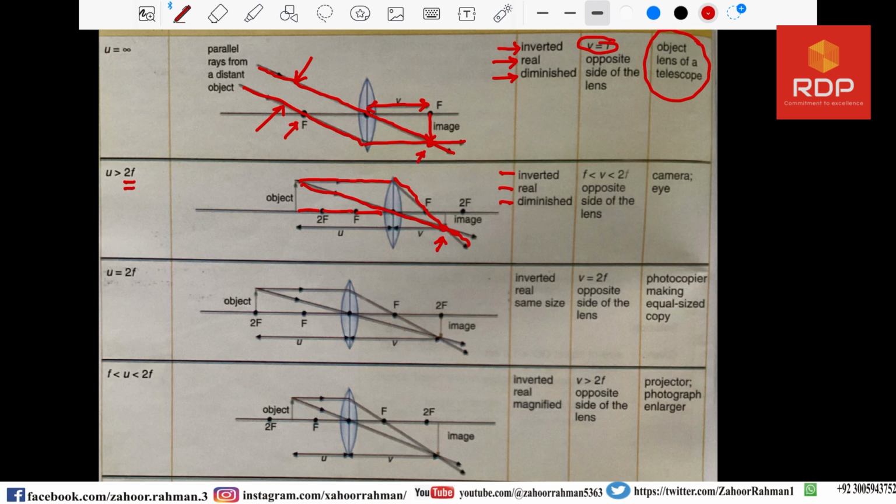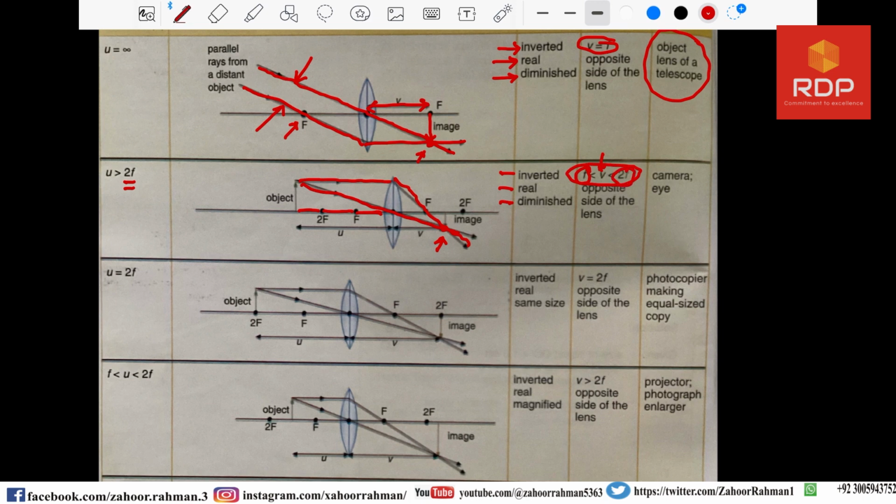Now this statement is showing that the image distance, which is v, is between f and 2f.